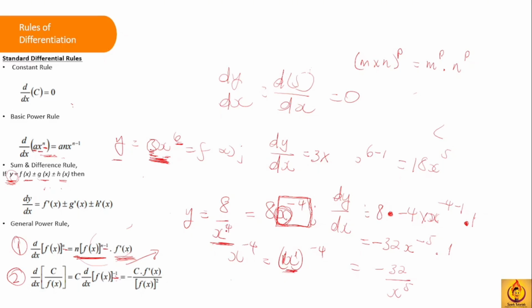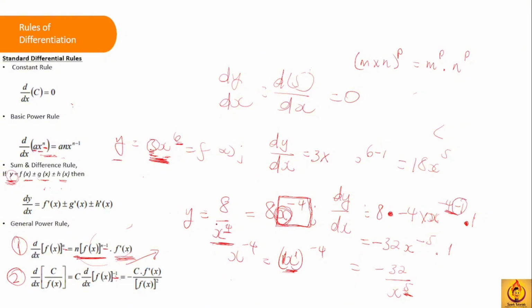Your derivative here is a 5, and here it's a 4, meaning that you added 1 to get 5. That's a plus 1. But then you must also remember that plus 1 is a reciprocal of minus 1, which is what we say that we must always do here in our basic power rule. You must always minus 1 to the power, just like we did here. And then when this comes down to your denominator, it will be a positive.